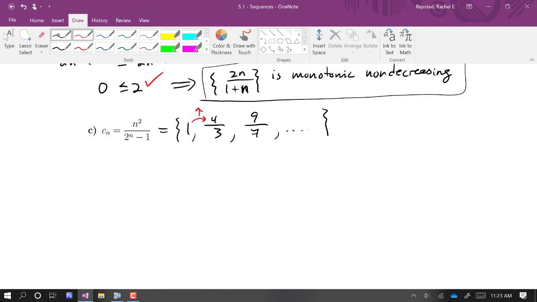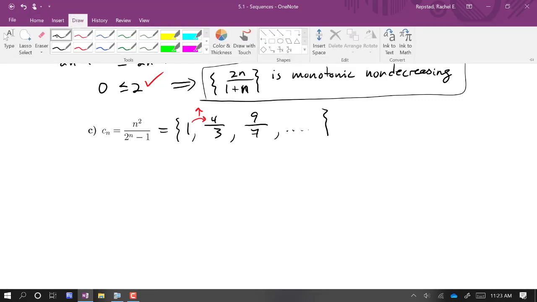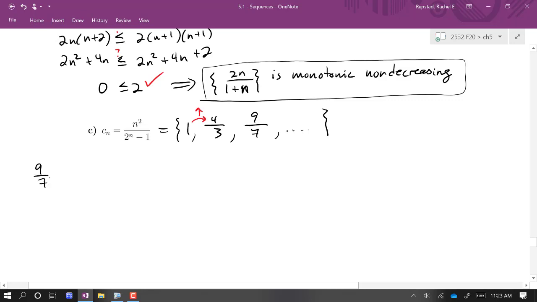Now, if we want to compare 9/7 to 4/3, I just want to know, is 9/7 bigger than 4/3? Right, so what sign goes here? And to do that comparison, just get a common denominator. So I'm going to get a common denominator of 21.